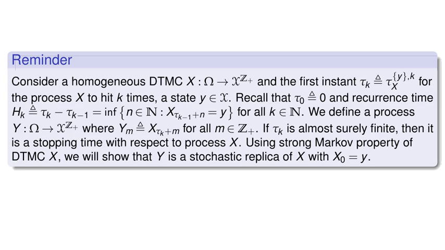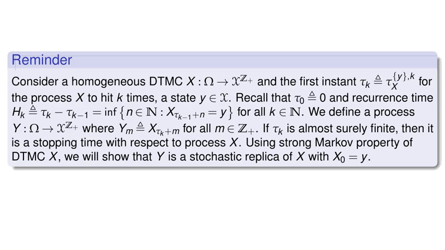Recall that τ_0 is defined as 0 and the recurrence time H_k is defined as τ_k minus τ_{k-1}, which is the infimum of the set of n in N such that X_{τ_{k-1}+n} = y, for all k in N.